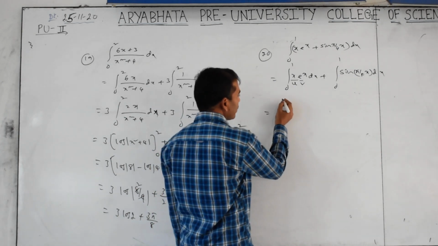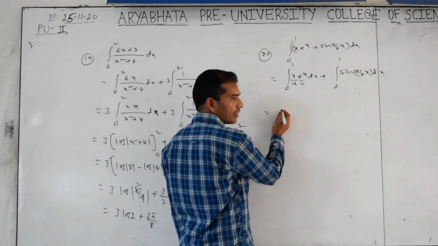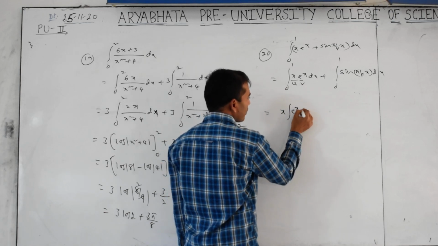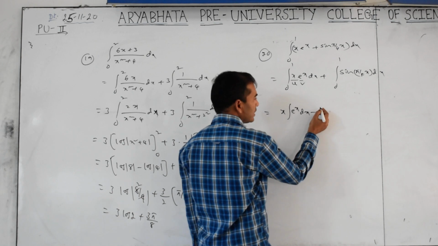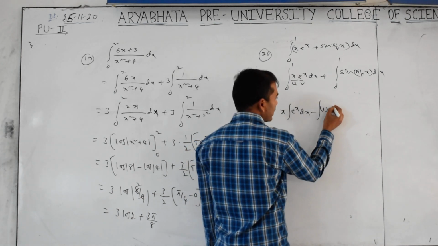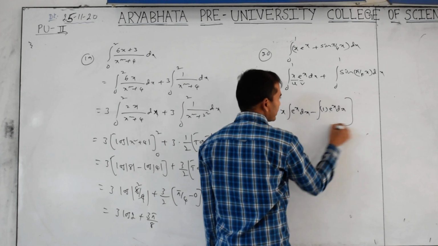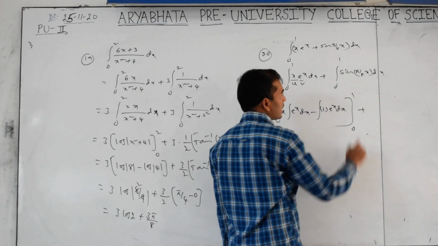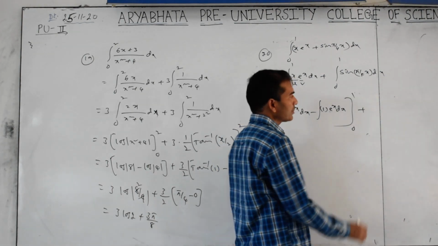Clear? Integration of u into v formula: f of x means x, integration of g of x, e power x dx, minus whole integration of derivative of x, which is 1, times integration of e power x, whole dx, limits 0 to 1, plus sin pi by 4 x integration.